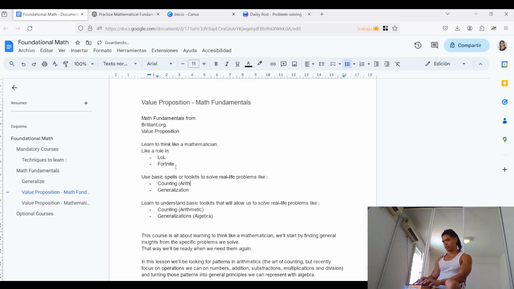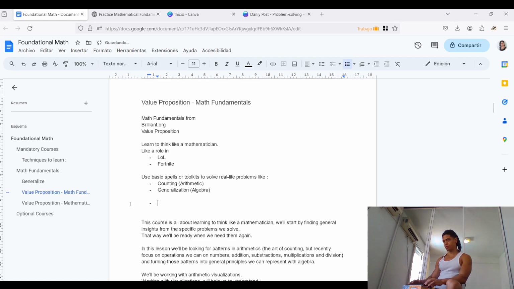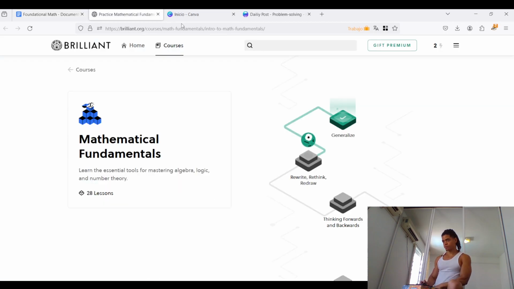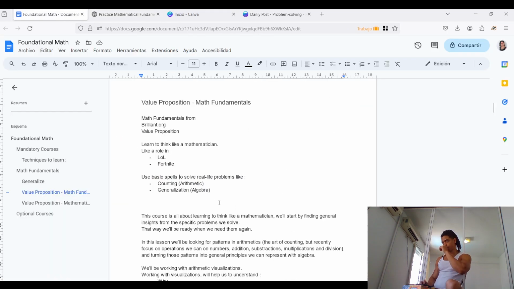So arithmetic and algebra. Use basic spells or toolkits to solve real life problems. The number theory.